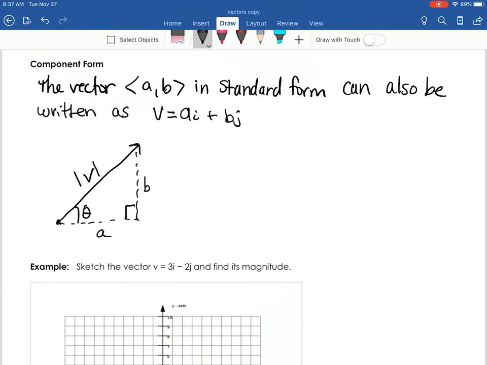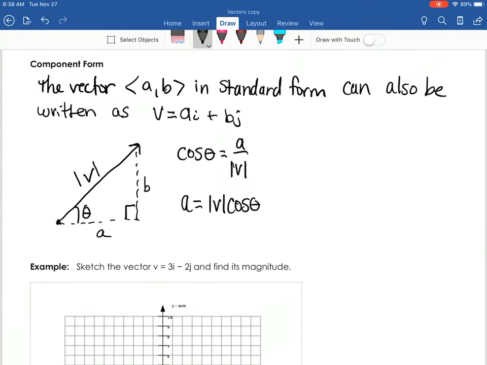So I would have cosine of the angle is adjacent, which is a, over hypotenuse, which is the length of the vector. If I do some cross multiplication and solve for a, then I get that a is the length of the vector times cosine of the angle. This is just using our rules that we used at the beginning of the semester for right triangles.